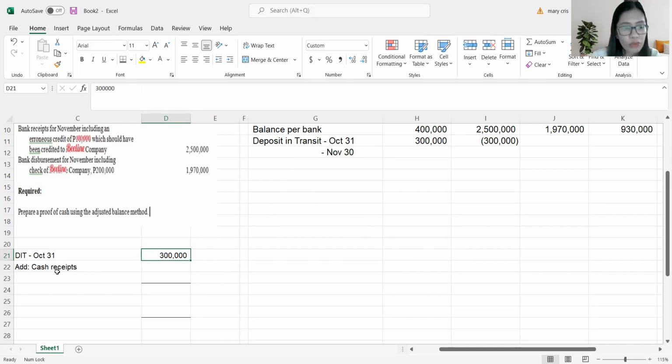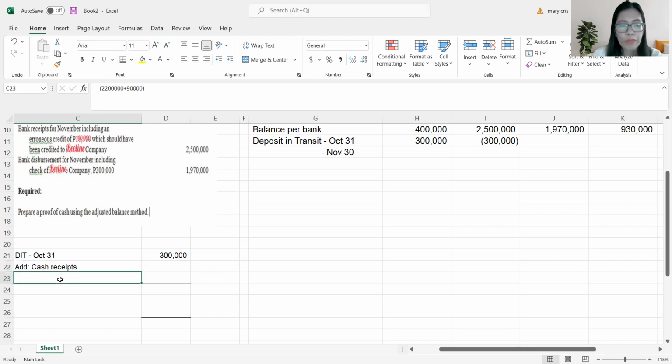The next thing to do is to add the cash receipts deposited by the entity to the bank. So take note, tanggalin natin yung mga receipts na hindi dineposit ng entity sa bangko.